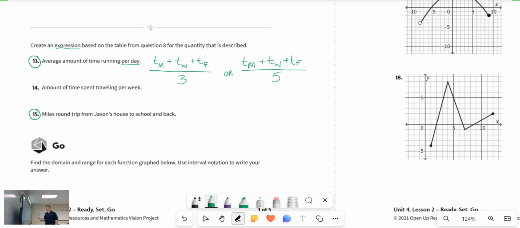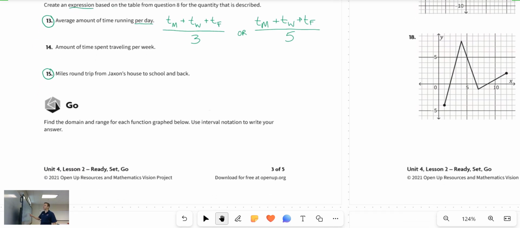Maybe you want to include the weekends as well, because those are also days. It's not really clear. So for 13, if you had T M plus T W plus T F divided by 3 or 5 or 7, as long as you could explain your answer, that would be correct.